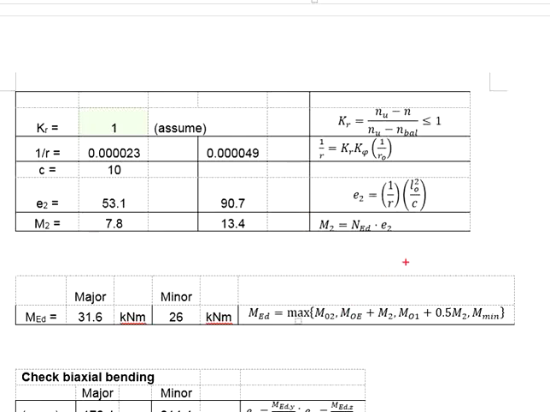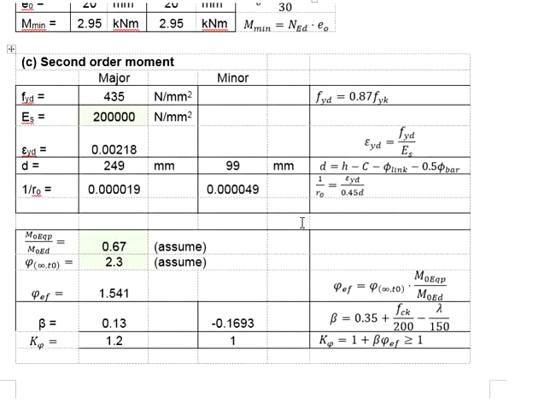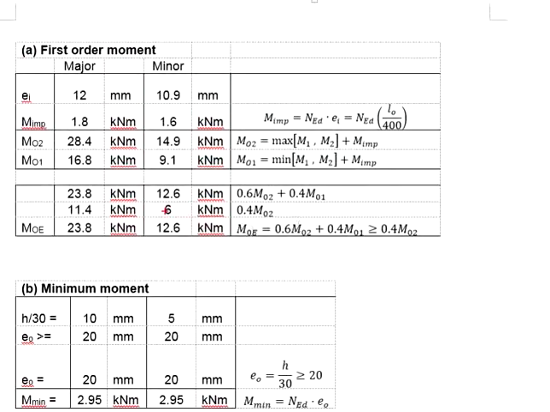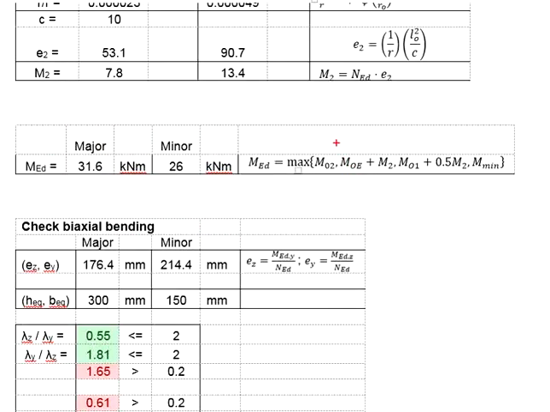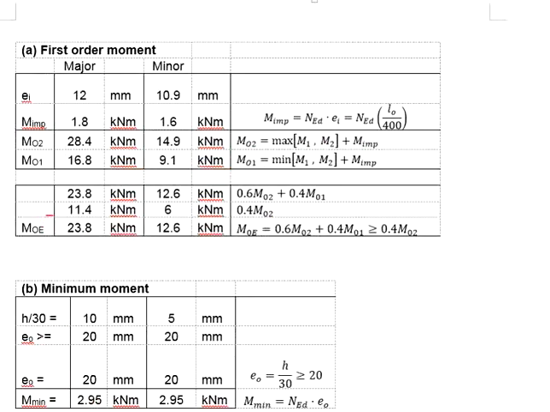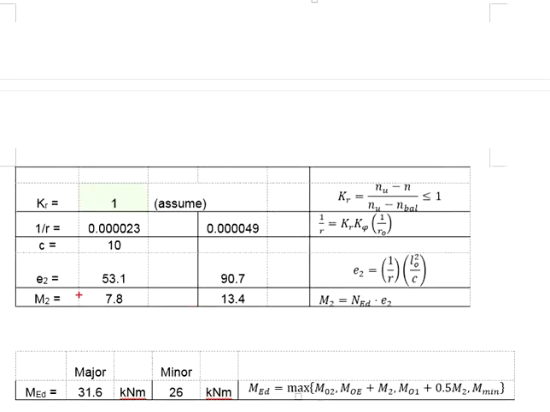Now that you have all the first order and second order moments plus the N minimum, substitute into the equation. Get the M02, which, if you are referring to the major axis, M02 equals 28.4. You need M0Ed plus M2. M0Ed for the major axis, 23.8, plus M2.